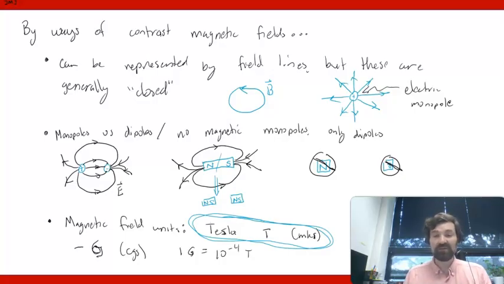So a lot of common magnet fields tend to be in Gauss, because if you play with a bar magnet at home, you're probably on the order of tens or maybe hundreds of Gauss, but that's still like 10 to the minus 3, maybe even 10 to the minus 4, 10 to the minus 2, something like that Tesla. A very strong magnet for messing around with at home would be maybe 100 Gauss. More likely you have like 10 or so Gauss.